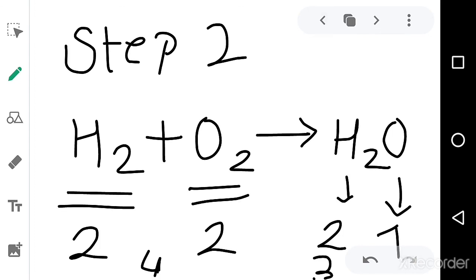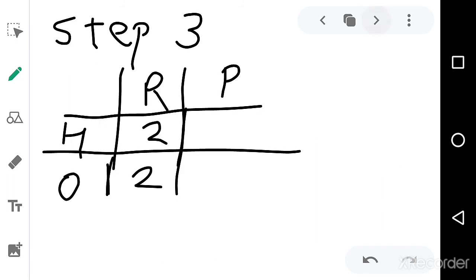On the product side hydrogen 2, oxygen 1. So this table can give you an idea about unbalanced elements. Hydrogen is already balanced because on both sides we can see 2 and 2, but oxygen is not balanced because on the product side it is 1.